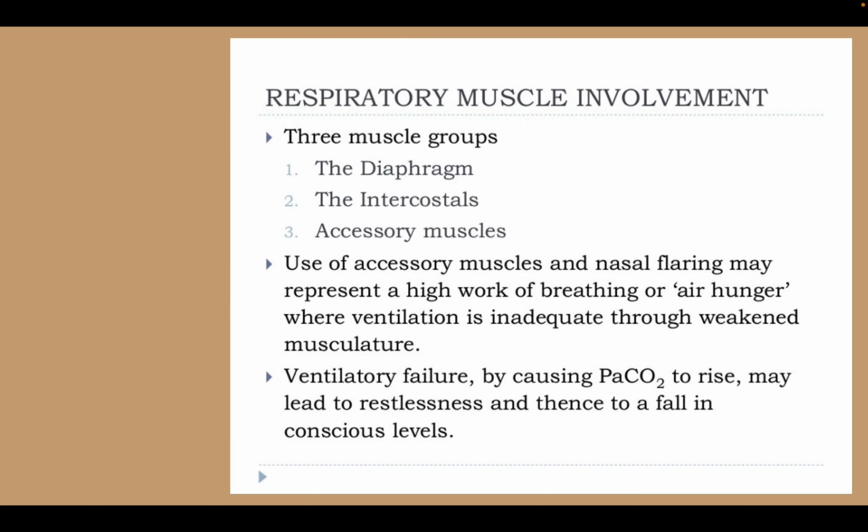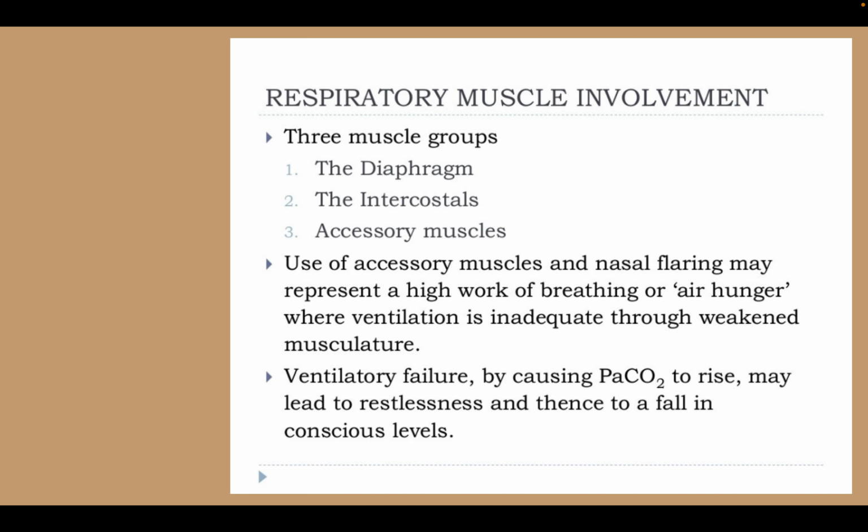As far as respiratory muscle involvement is concerned, there are three main muscle groups: the diaphragm, the intercostal muscles, and the accessory muscles. Any patient with use of accessory muscles and nasal flaring represents a high work of breathing or air hunger, where the ventilation is inadequate, and clinically this patient would be pointing towards weakened musculature.